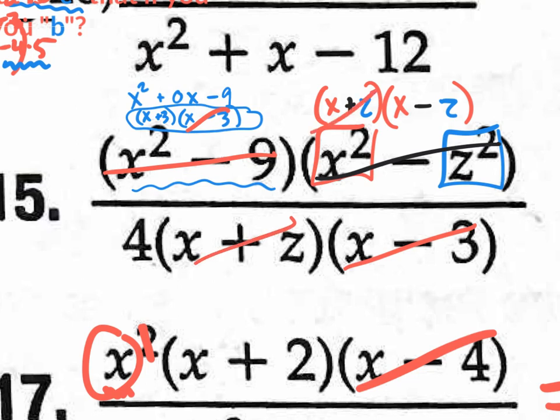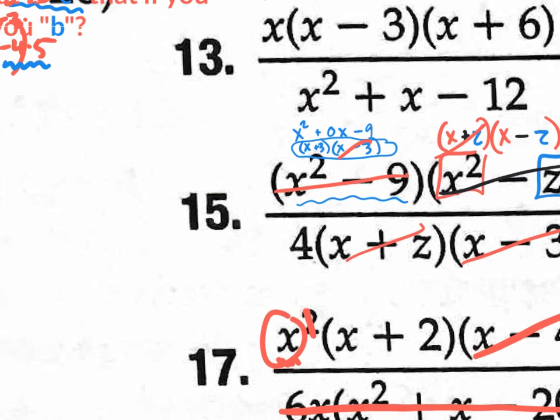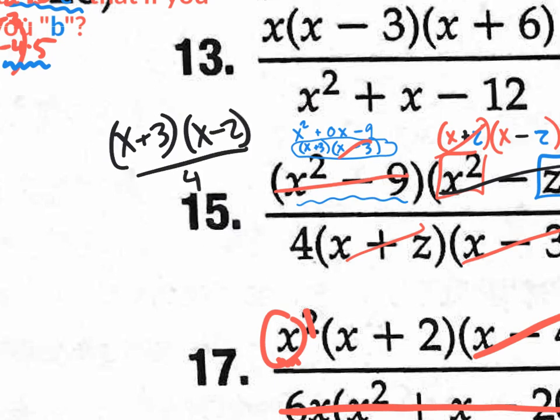And what's our final answer? What's left over? X plus 3 times x minus 2 over 4. And we don't have to state anything extra because there's no variable in the denominator. This is your answer.